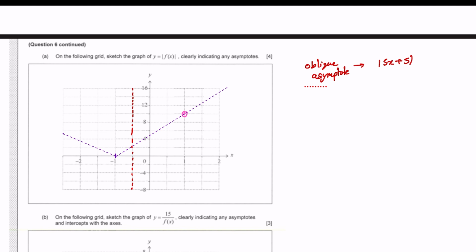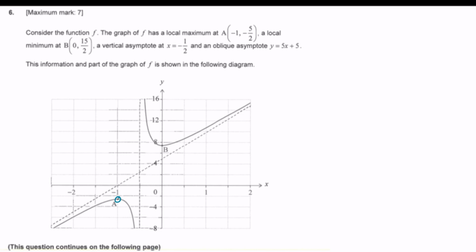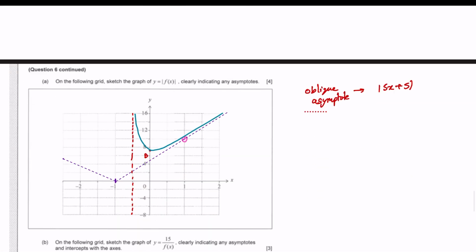Now what happens to the curve? This part remains the same. So B will be somewhere here. And the curve comes down like this, and then it'll become an asymptote to this oblique line. For the other part, the point A, which was here, will get reflected above the x-axis. It's just a little bit below -2, so the y-coordinate will be a little bit above 2.